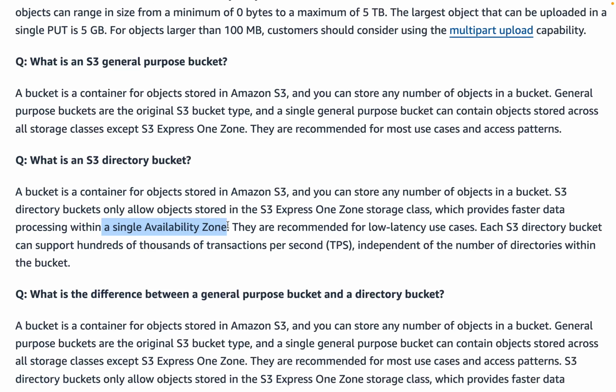I think the whole purpose is that the one zone is like a secondary backup, which might not be needed in most cases, but they want to say, hey, we have one zone which is faster, but if it gets messed up, you get messed up. If you choose multi-zone, it's not going to be as fast as one zone. So one zone is basically there to sell the multi-zone, the availability use case. They recommend it for low latency use cases.